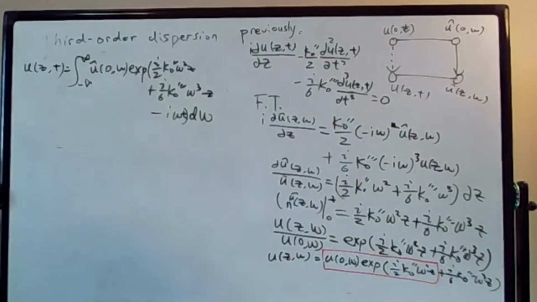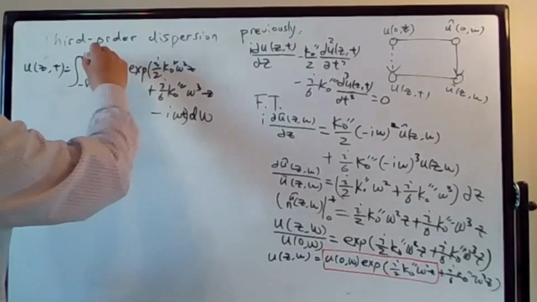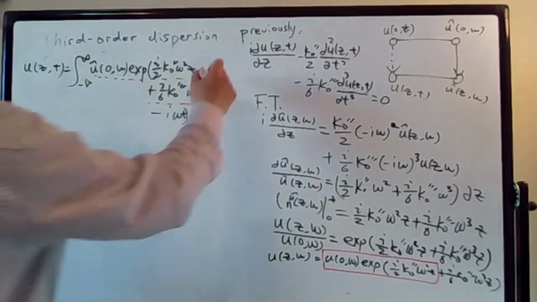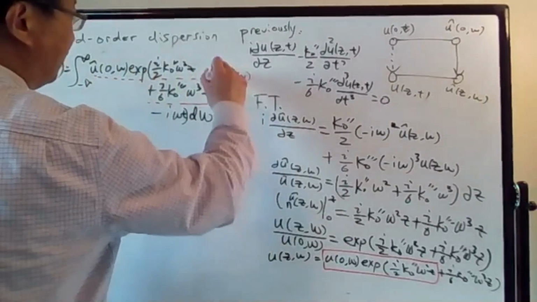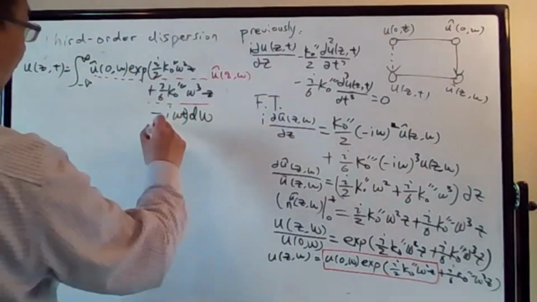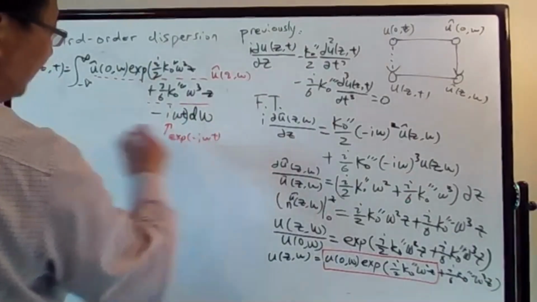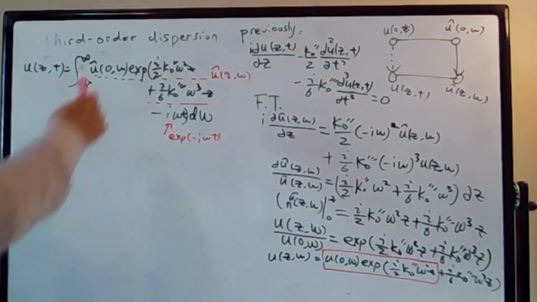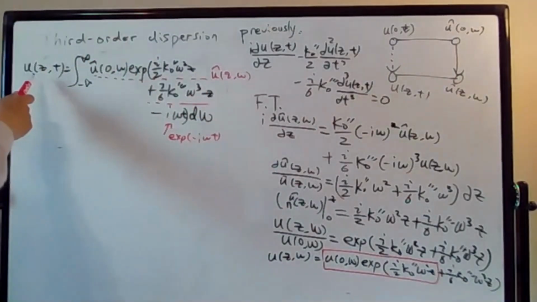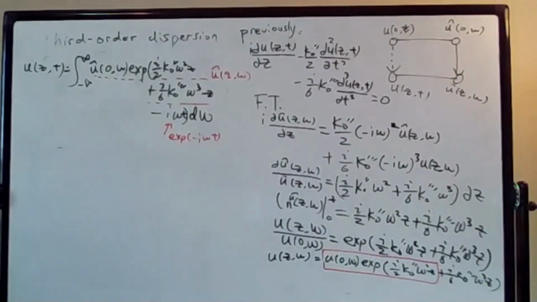This piece, up to here, is u tilde z omega, right? And then we multiply by this piece, which is exponential negative i omega t, right? So we add them together and it becomes the inverse Fourier transform, getting back to u(z,t), right?